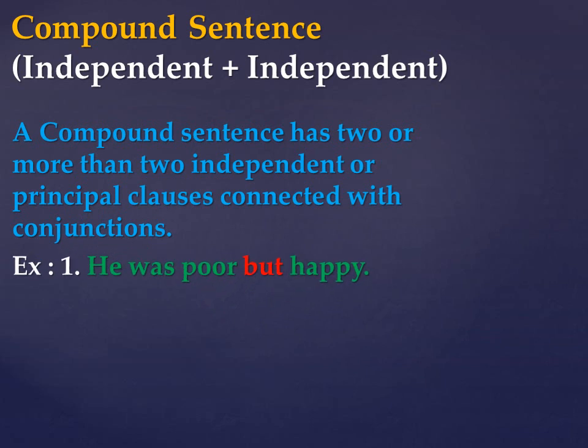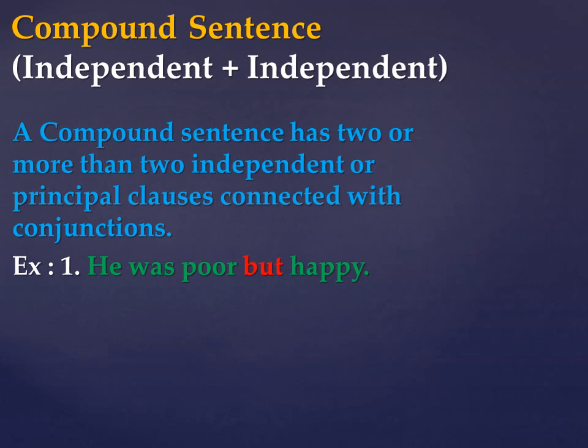He was poor but happy. You may say, teacher, he was poor is a clause, we understand this, but how can happy be a clause? Look here, as the subject is the same and the verb is also the same. He was poor. He was happy. Here happy means he was happy, as the subject and verb of both clauses are the same.